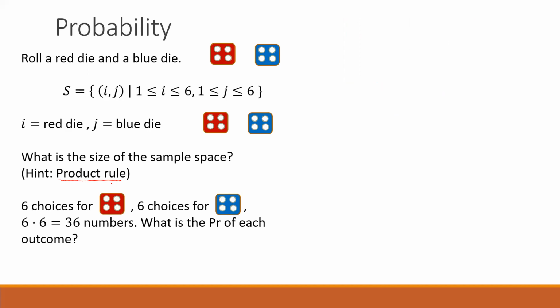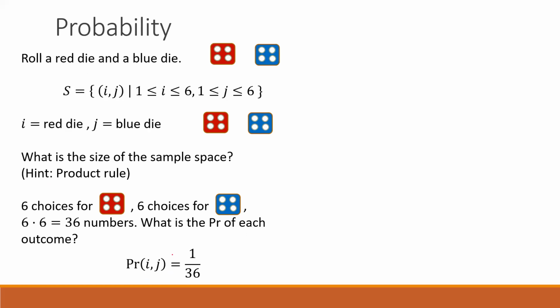So I can break it down into 2 tasks. I roll my red die as my first task. I roll my blue die as my second task, and I have 6 choices for each of them. So using the product rule, 6 choices times 6 choices gives me 36. All right, so both of those are valid ways to look at it. You can either list it out in a way that makes sense, or use the product rule. We will be leaning towards using the product rule in order to count our sample space.